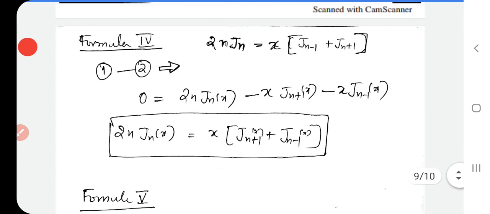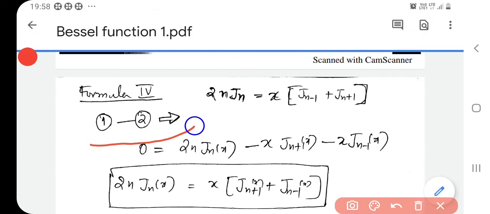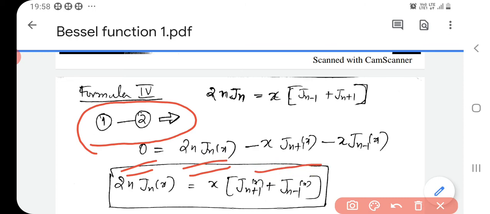Then the fourth one also is quite simple. What you do now is subtract the second recurrence formula from the first. On the left hand side you have 0, because for equations 1 and 2 the left hand sides are equal, and on the right hand side you get 2n j n of x minus x j n plus 1 of x minus x j n minus 1 of x.